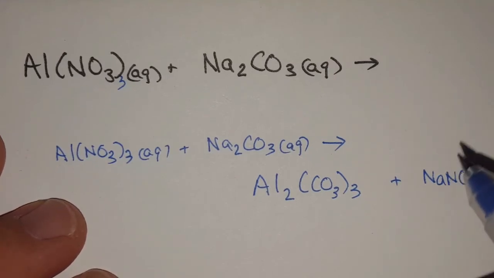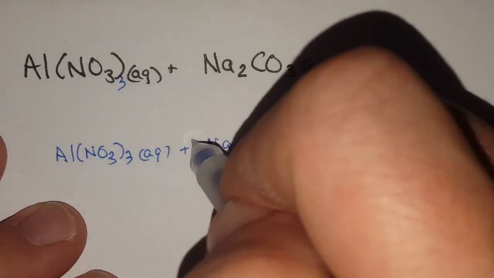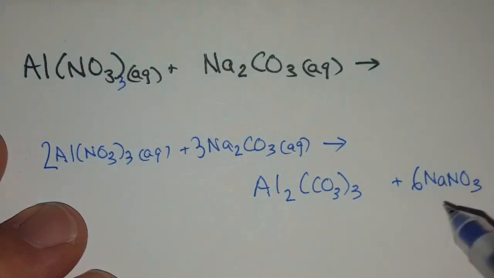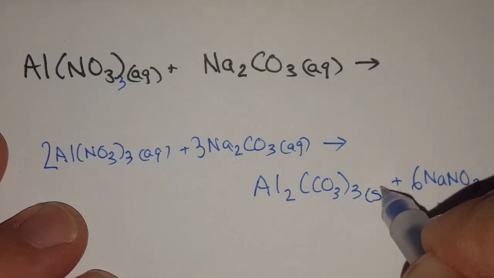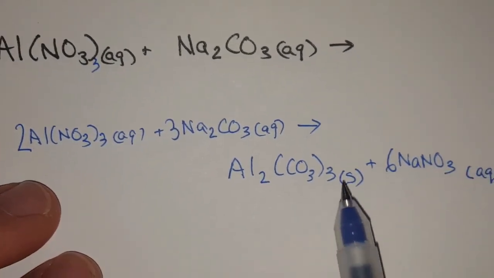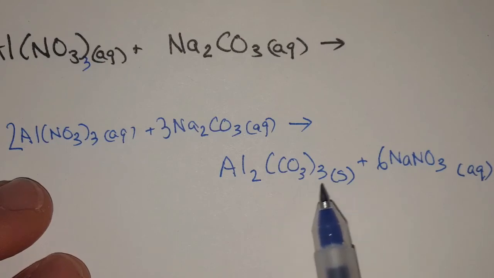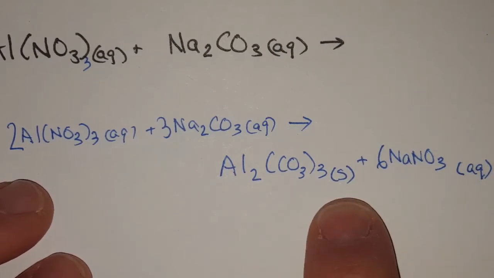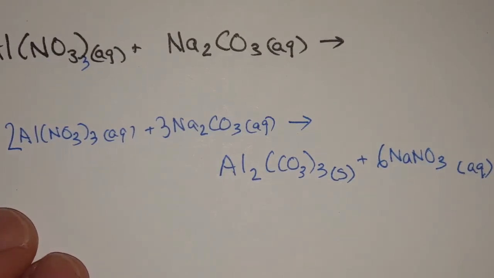Then we want to balance. We want to add the states of our products. Because we see that we have something that is solid or forms a precipitate, then we know that we will have a net ionic equation. So now our next step is to write out our total ionic equation.